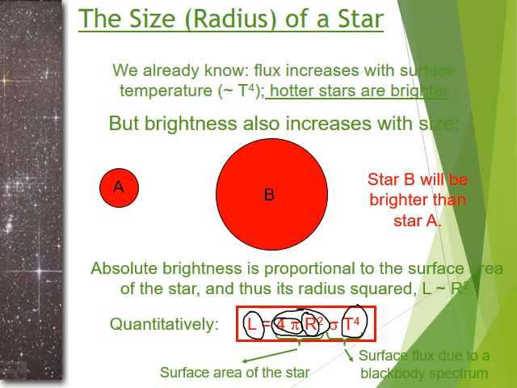Well, 2 to the 1st is 2, 2 squared is 4, 2 cubed is 8, 2 to the 4th power is 16. So by doubling the temperature of a star, you actually 16-tuple its luminosity, everything else remaining the same. So the temperature is the bigger factor. Both these things are factors, but temperature is more important when it comes to the luminosity, because temperature is taken to the 4th power in the equation.